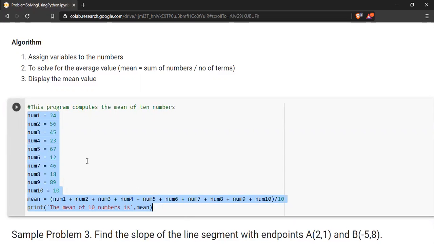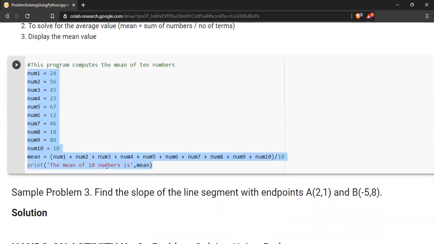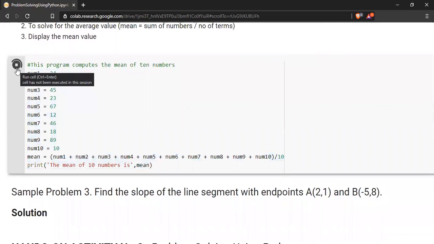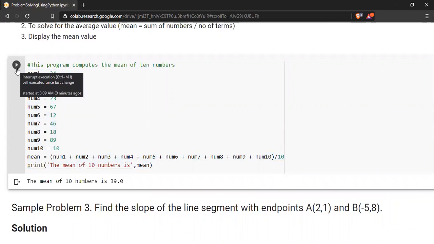This is how you create your code. What is important here is you know how to assign variables, create equations, and print the values. Now let's try to solve for the mean. In this case, the mean of 10 numbers is equal to 39.